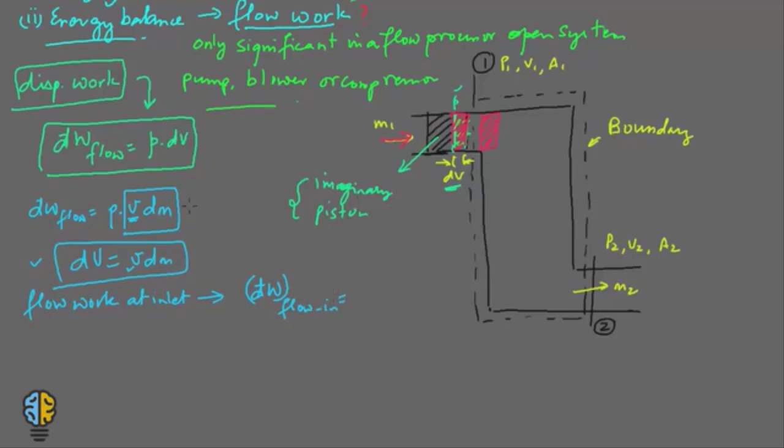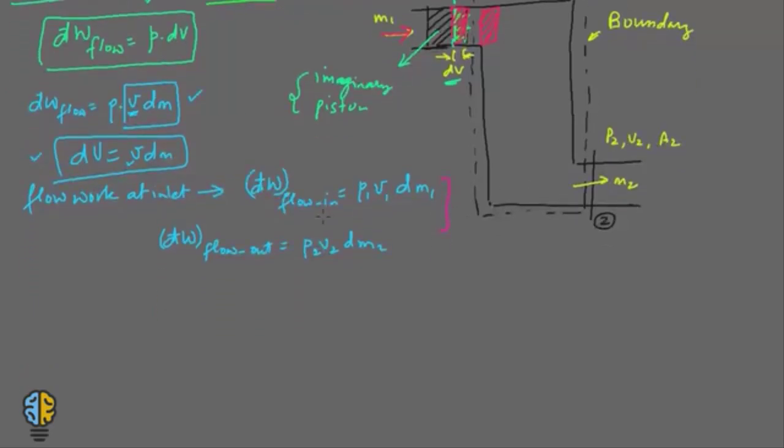This is equal to, now you have this as the work flow rate or the flow work, so this will be P1 small v1 into dm1. And similarly, if you find out the flow work at outlet, that would be P2 V2 into dm2. Okay, so these two equations are very, very important.